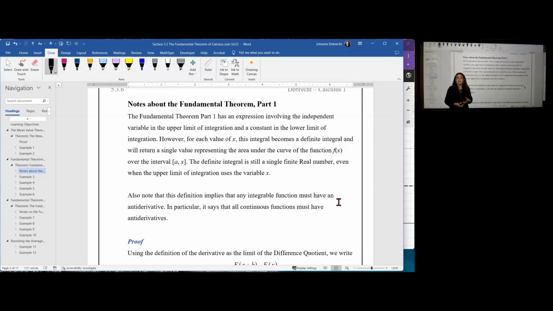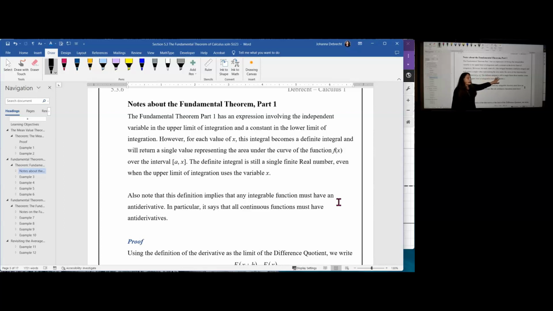If I let x instead be 11, I would get a different real value. If I substitute an actual constant in place of the variable x, then it becomes a normal definite integral and gives me the area between the curve of lowercase f and the independent axis.